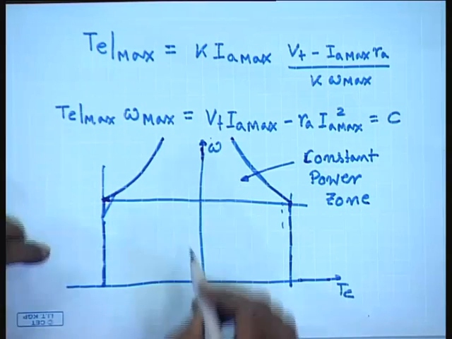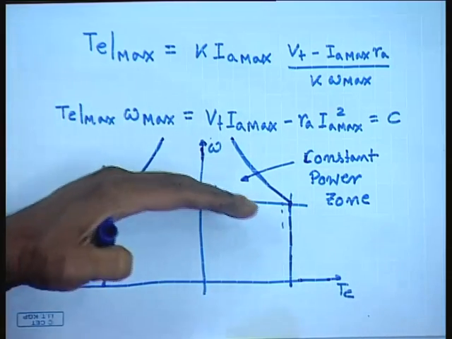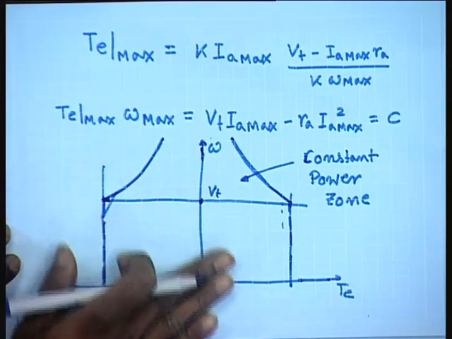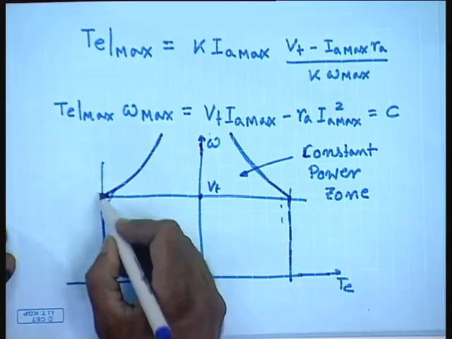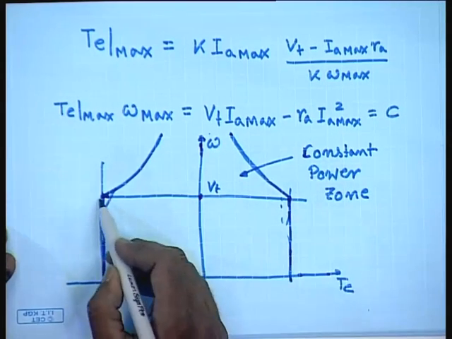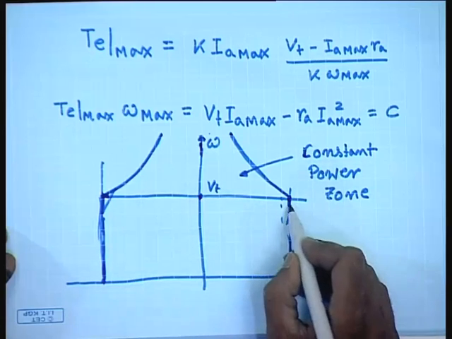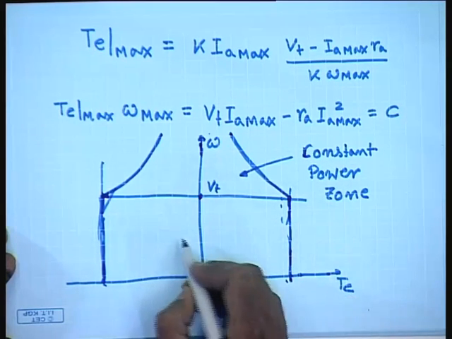Now, below this corresponds to rated armature voltage. If we can, by some means, reduce the armature voltage below the rated value, then the limits corresponding to rated armature current become a straight line. So, you can generate constant maximum rated torque, this is called the constant torque zone.